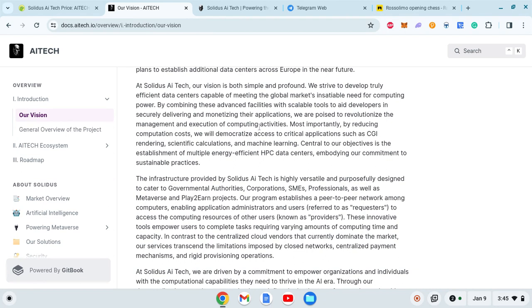Most importantly, by reducing computation cost, we will democratize access to critical applications such as CGI rendering, scientific calculations, and machine learning. Central to our objective is the establishment of multiple energy efficient HPC data centers, embodying our commitment to sustainable practices.